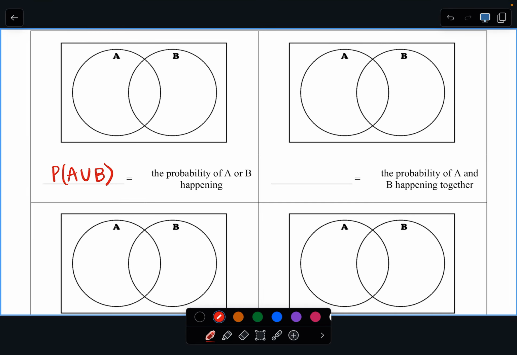If I wanted to do the probability of A, that is going to be this entire circle. So all of circle A, because or is as long as one of them is true. So probability of A, and then when I have the probability of B, that is the entire circle B.